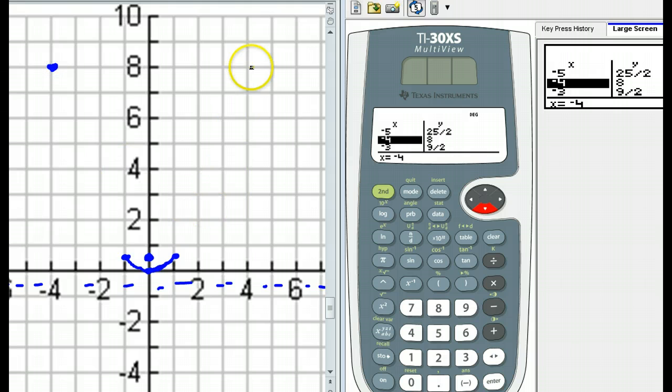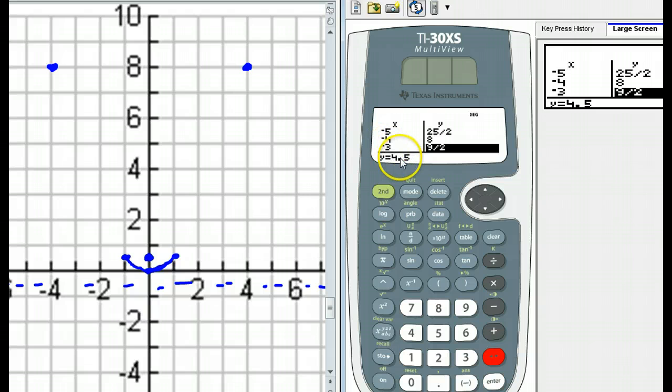All right, and parabolas are symmetric. So if I have a point here, 4 to the left, I'm going to have another one here, 4 to the right. See what else I have. At -3, I'm at 9 halves, which as a decimal is 4.5.